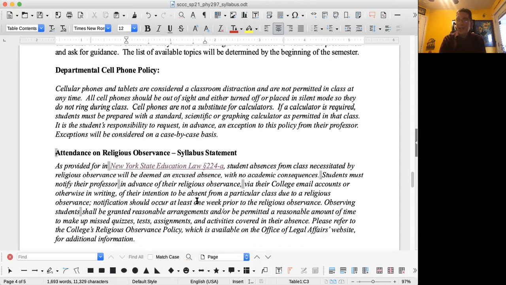If you have any issues with missing a class for religious observance or for military reasons, if you're in the National Guard, for example, or a family situation, whether it's a funeral or a medical emergency or something like that, those are excusable absences. They will not be held against you.